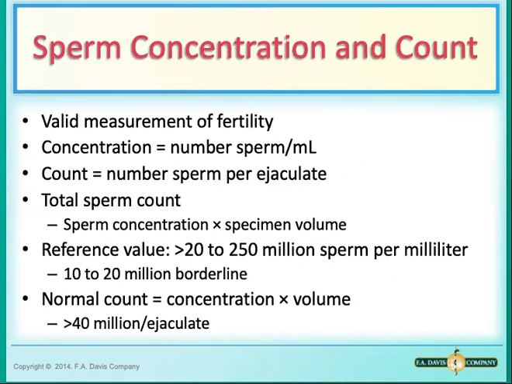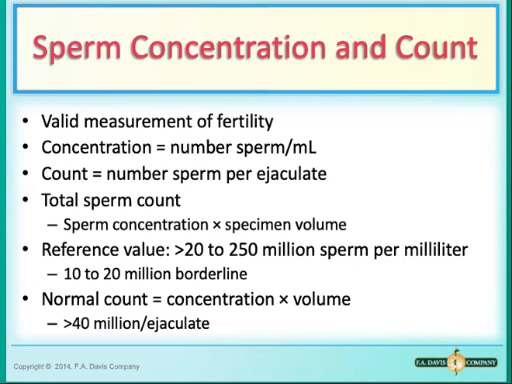Okay. All right, now we're moving on to the parameter of sperm concentration and sperm count. So the actual number of sperm present in a semen specimen is very much a valid measurement of fertility.